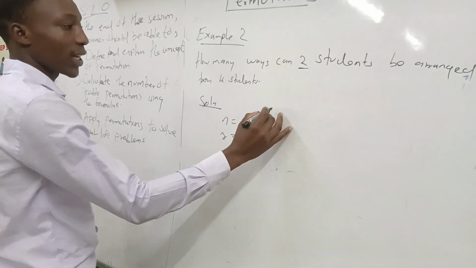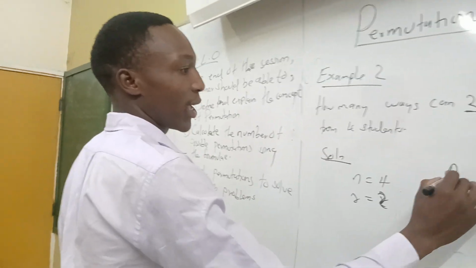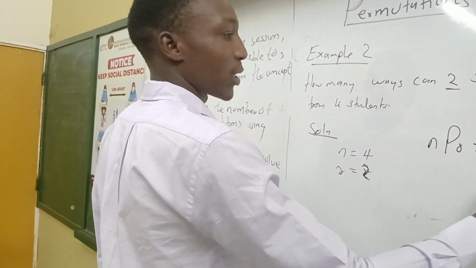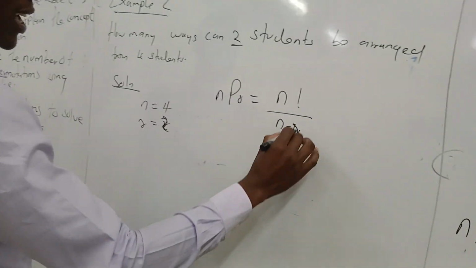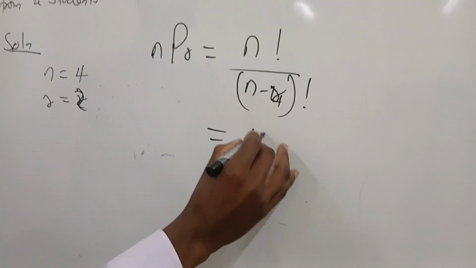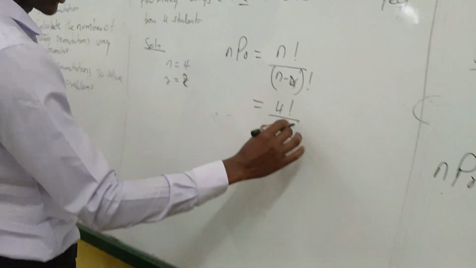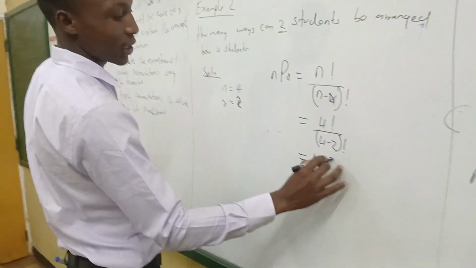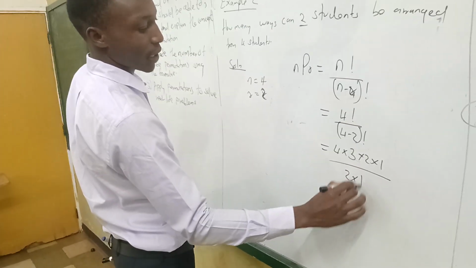From the formula, n permutation r is given by n factorial divided by n minus r factorial, which is 4 factorial divided by 4 minus 2 factorial, which is 4 multiplied by 3 by 2 by 1 all over 2 multiplied by 1.